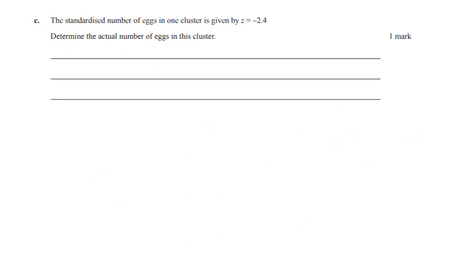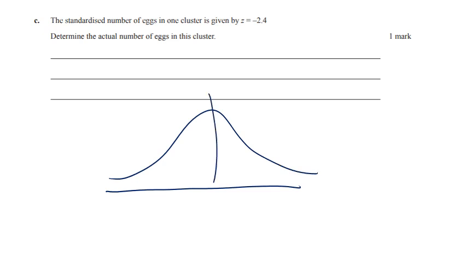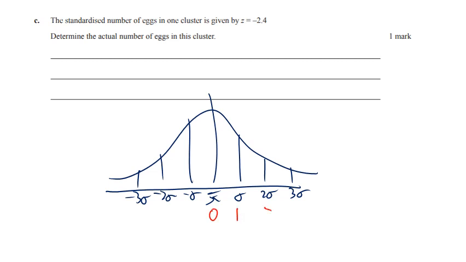Okay, z-score, just a little bit of theory to remind people, when you've got your normal distribution, and that's your mean, and this is your sigma, 2 sigma, 3 sigma, minus sigma, minus 2 sigma, minus 3 sigma. That actually is a z-score of 0, 1, 2, 3, minus 1, minus 2, minus 3. So, remembering what's happening in our problem, we have got a mean of 165, right?